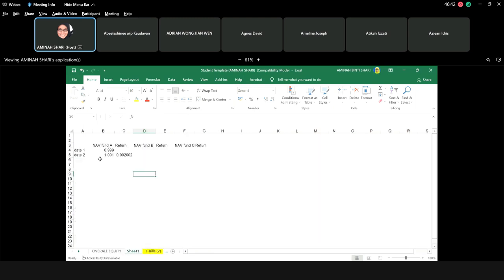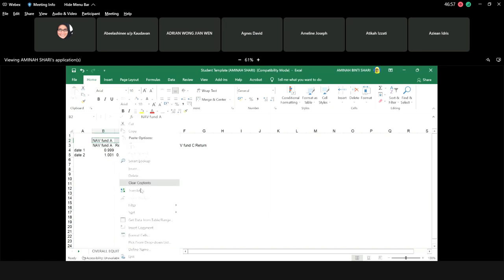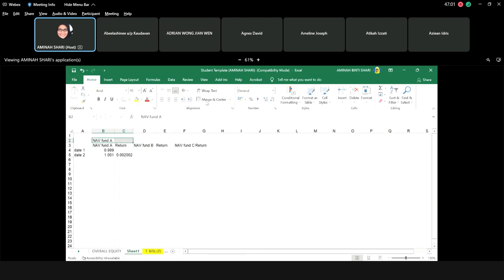Nanti you boleh namakan you punya ni, this one under fund A. You buatkan je supaya dia sama macam tu. So this is for fund A. Ini untuk fund B pula, nanti you buat juga exactly the same.